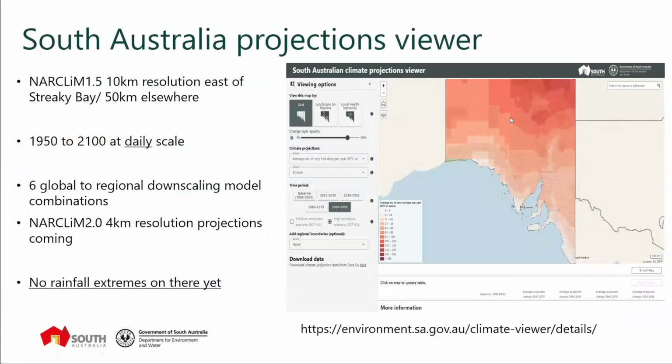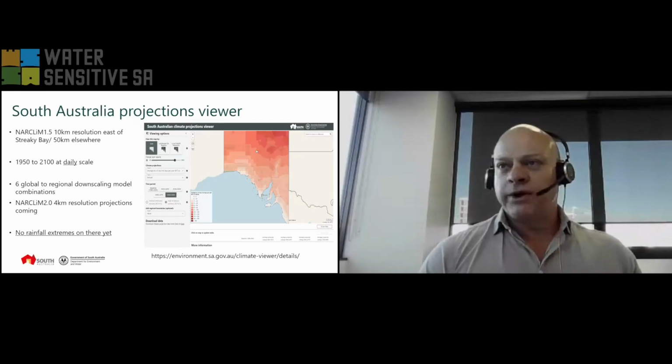There's a projections viewer that Belinda mentioned, and that shows trends in average temperatures and extreme temperatures and average rainfall. Now, I did a fair bit of work trying to apply AR&R methodologies to the daily data set to try and produce something sensible, but really struggled with that.